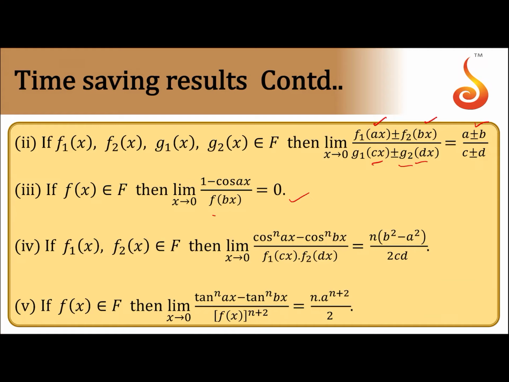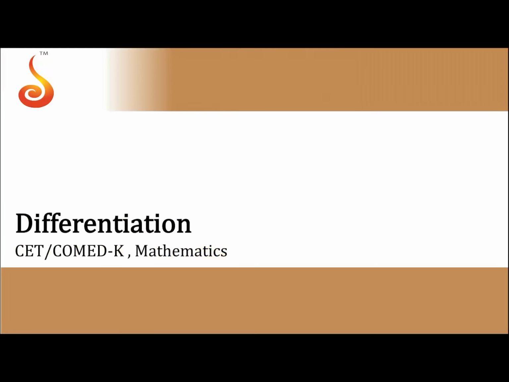And limit x tends to 0, 1 minus cos ax by a function belonging to the set. Of course, here there is one more formula. Limit x tending to 0, 1 minus cos ax divided by x square is always equal to a square by 2, which helps us in simplifying the problem. Similarly, the other functions.